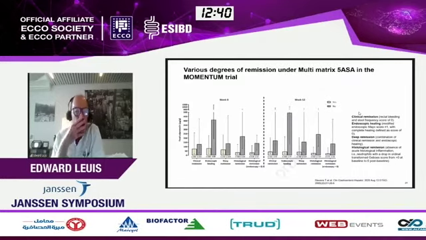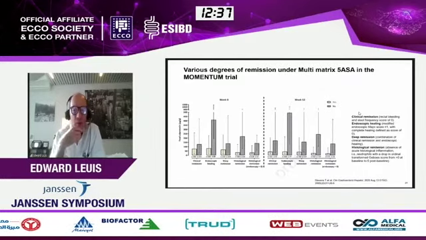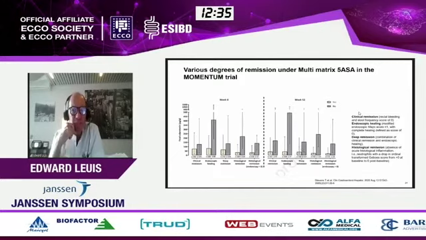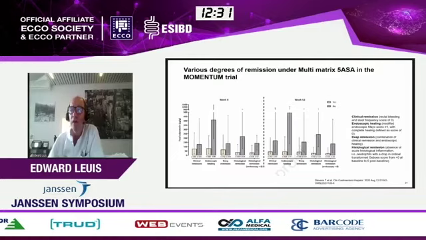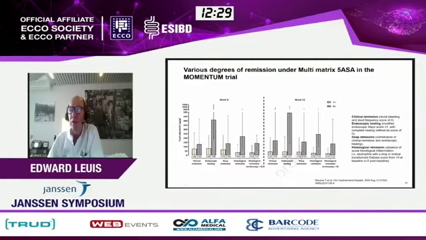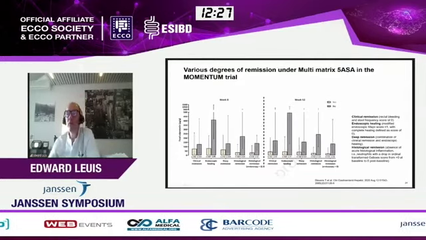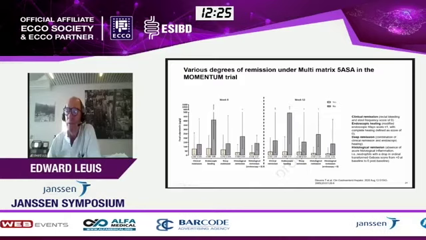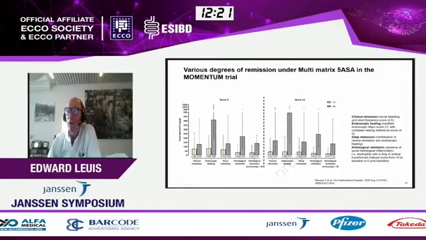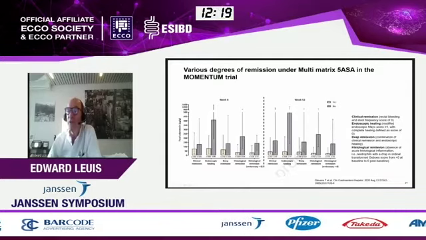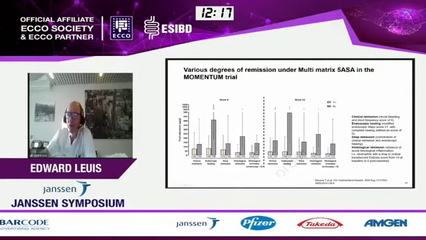This is a study made with patients treated with multimatrix 5-ASA in the MOMENTUM trial, and they looked at the different stages of remission: clinical remission, endoscopic healing, deep remission, histological remission, and histological remission within the patients with endoscopic healing.